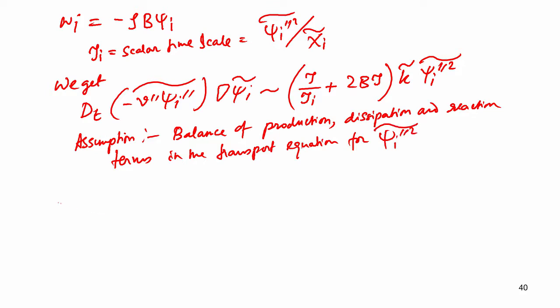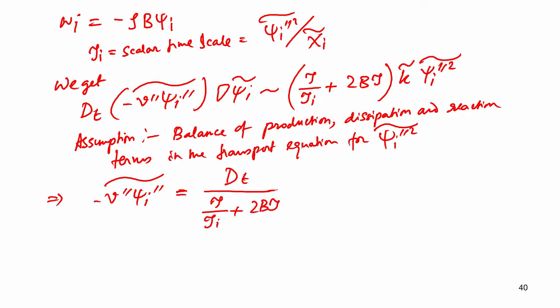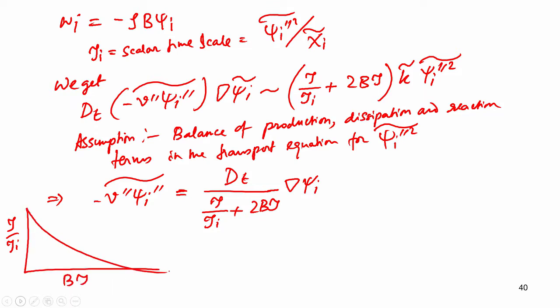So then this gives you the same expression, but you get additional contributions from this. Okay. And actually in this case you will see that your T by tau I with B tilde varies like this.